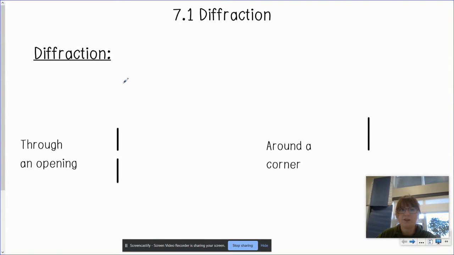So diffraction is essentially the bending of a wave when it encounters a barrier.